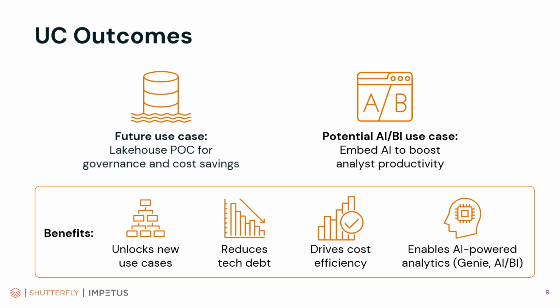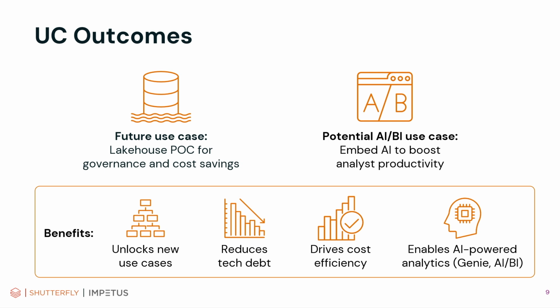Another thing that the UC migration enables is potential AI BI use cases, basically embedding AI to boost analyst productivity. So yeah, the benefits are many. It unlocks new use cases. And I would say that if you are using Databricks and you want to take advantage of Databricks' advanced capabilities, Unity Catalog is actually a prerequisite.